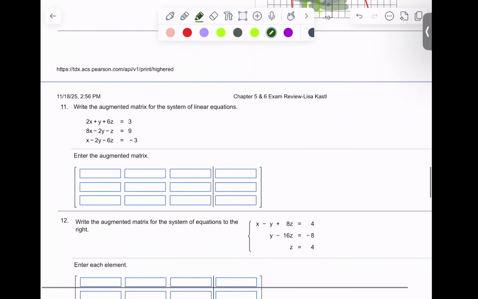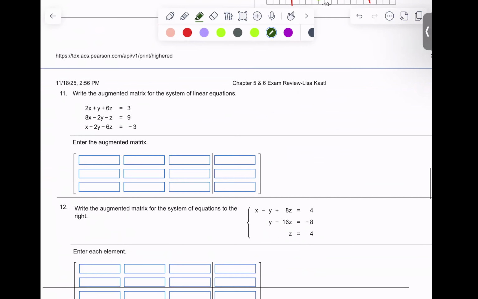Problem 11. Write the augmented matrix for the system of linear equations. So on this problem, and in the next problem, I just need to put in the matrices. I don't need to solve for x, y, and z. To put an augmented matrix in, I just ignore the variables and put in the coefficients.